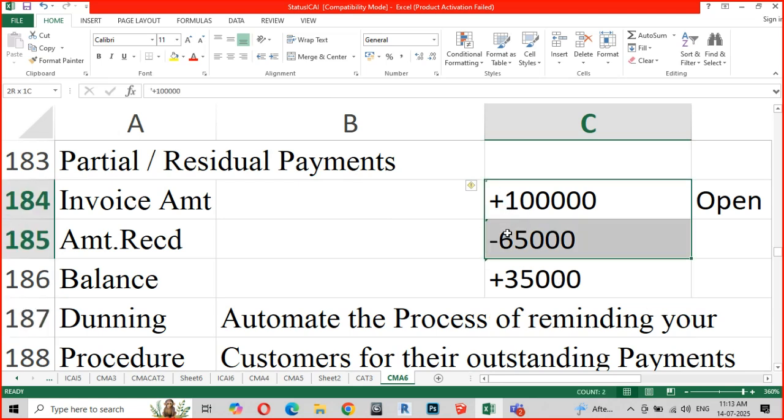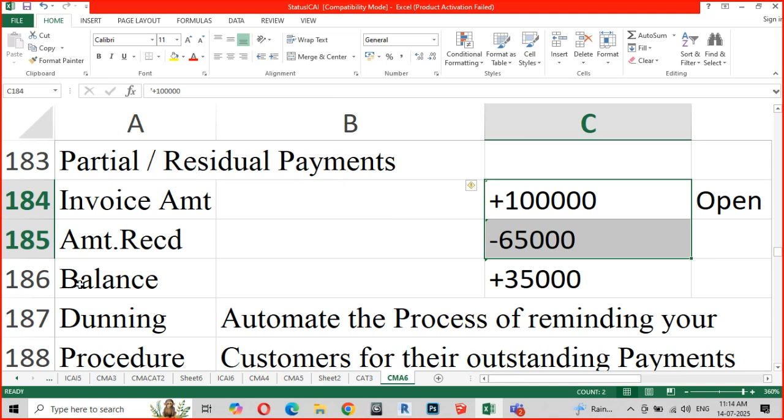The system won't keep track of both of these. Clear? This is the residual methodology of receiving a part payment. Typical life scenario.